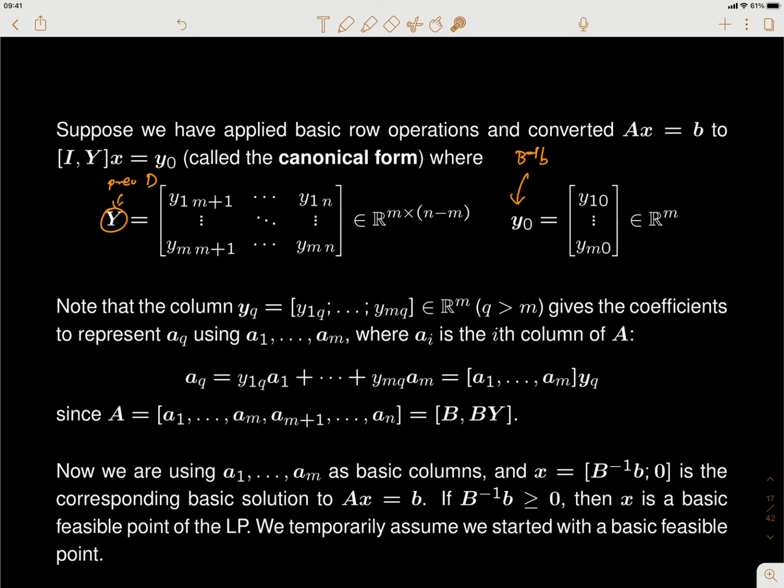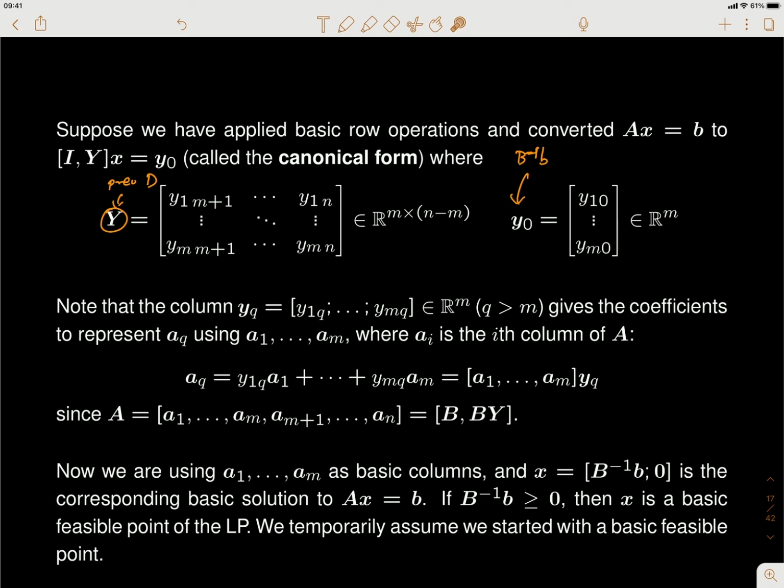In other words, a_q is just the multiplication of the matrix composed of the first m columns of A, which is B, and this y_q, which is the qth column here. So that's why, as we said, Y is just a matrix of coefficients, because A is written as B and BY.